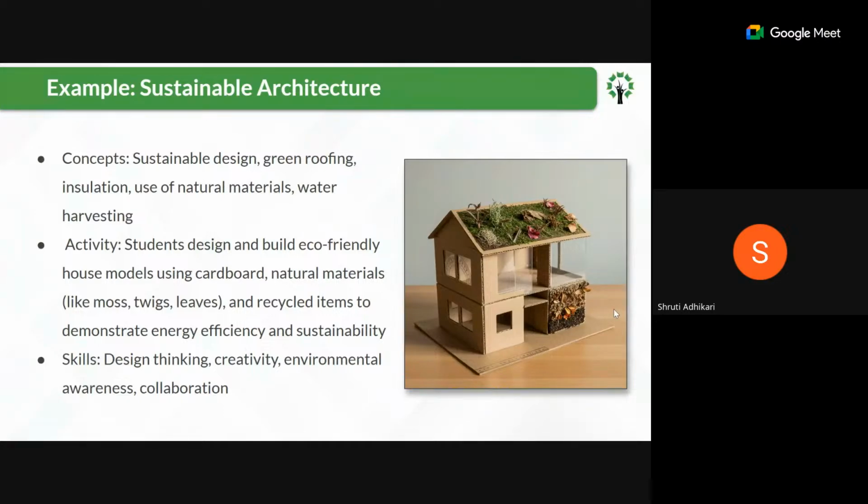Then engineering: how they are designing it, how each and every component is fitted tightly, so you can see it is fitted in a proper way. This all comes under engineering skills. Then mathematical skills: what will be the size of the triangle we'll be taking? What will be the size of the cardboard we'll be taking to build the roof of the house? This all comes under mathematical skills. So this is a good STEM-based activity.